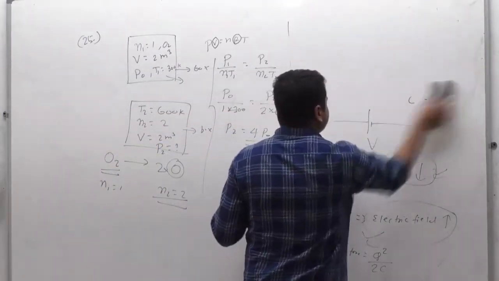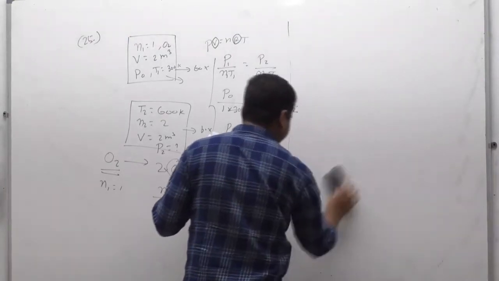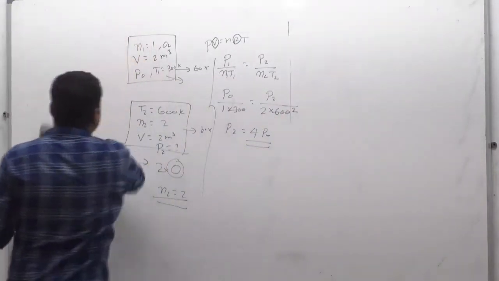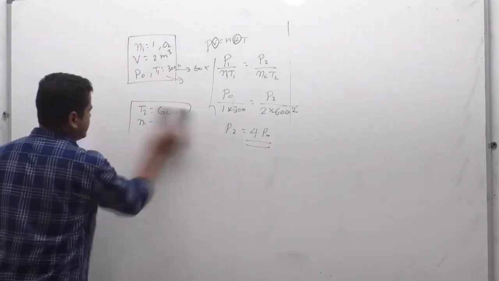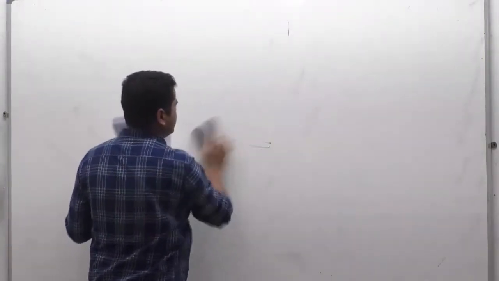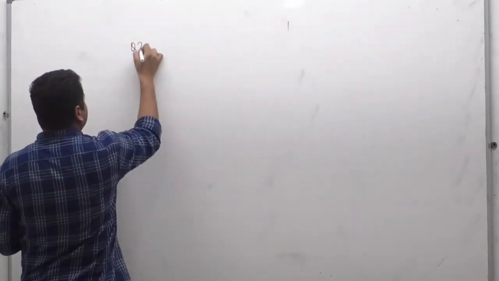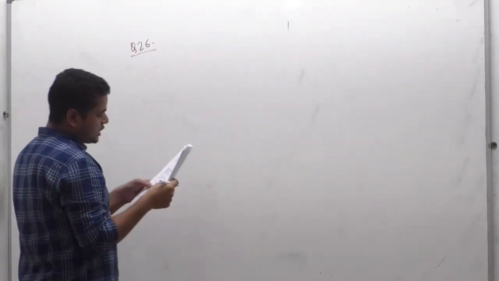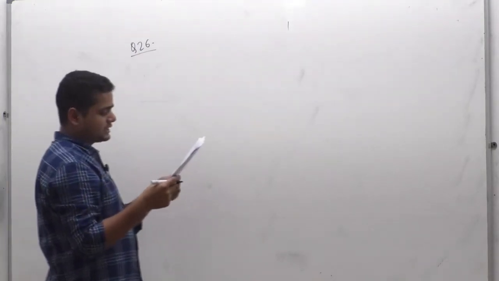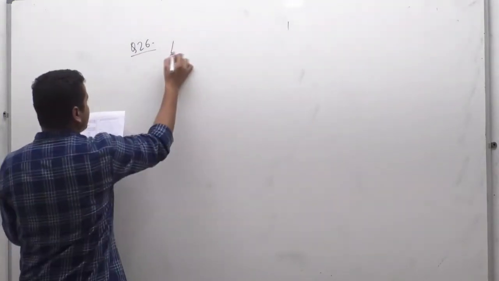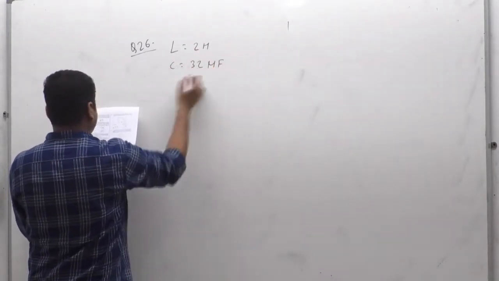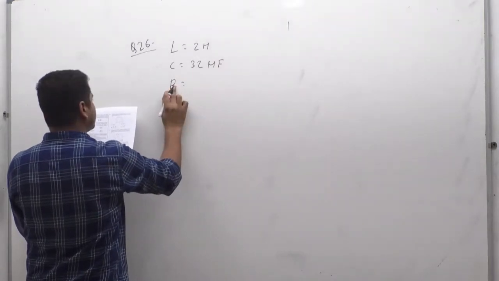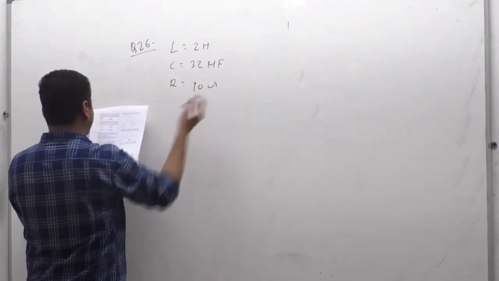Question number 26: the value of the quality factor of the series resonant circuit with inductance L equal to 2 Henry, capacitance 32 microfarad, and the resistance is 10 ohm. That is given in the question.